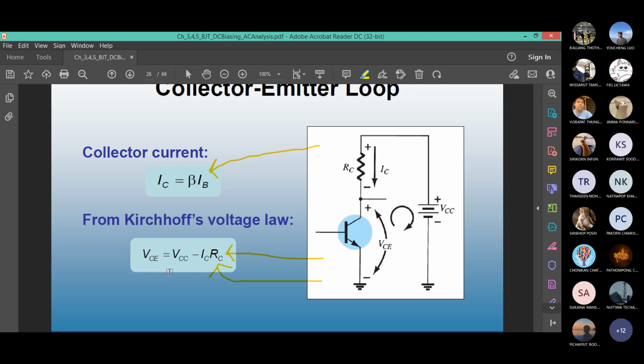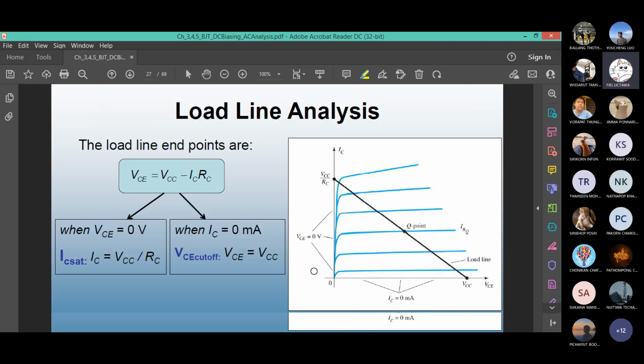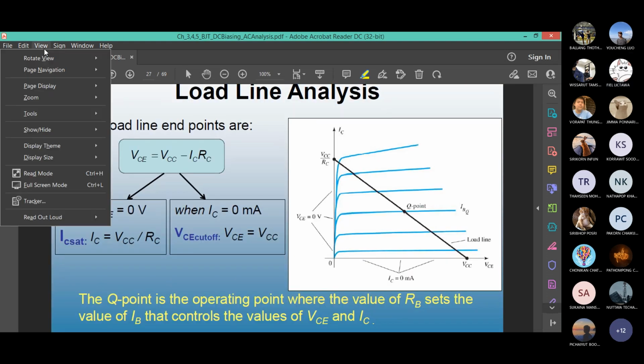Cutoff point. Now think about the saturation point. When VCE equals 0, what will be the value of IC? VCC over RC. Now let's look at this graph.